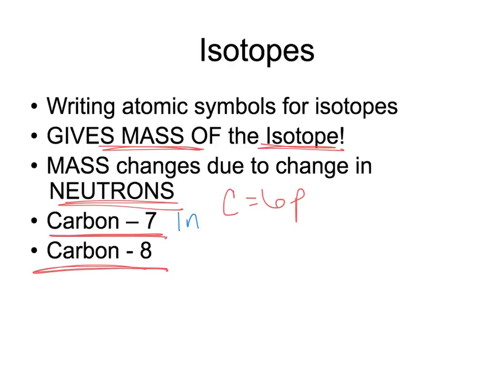If I have carbon-8, I would have 2 neutrons. 2 plus 6 gives me my mass of 8. Again, how many electrons do I have? The electrons are equal to my protons because my positive and negative charge equals each other. So I've got 6 protons. That means that I'm going to have 6 electrons in both of these.